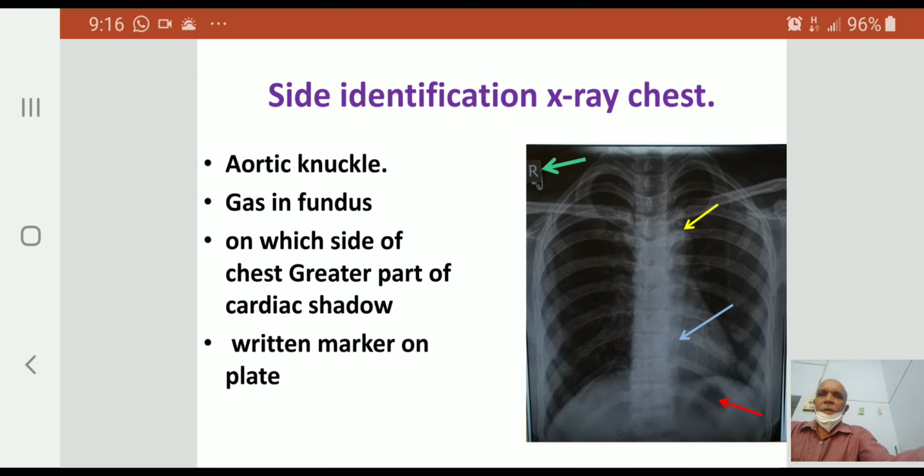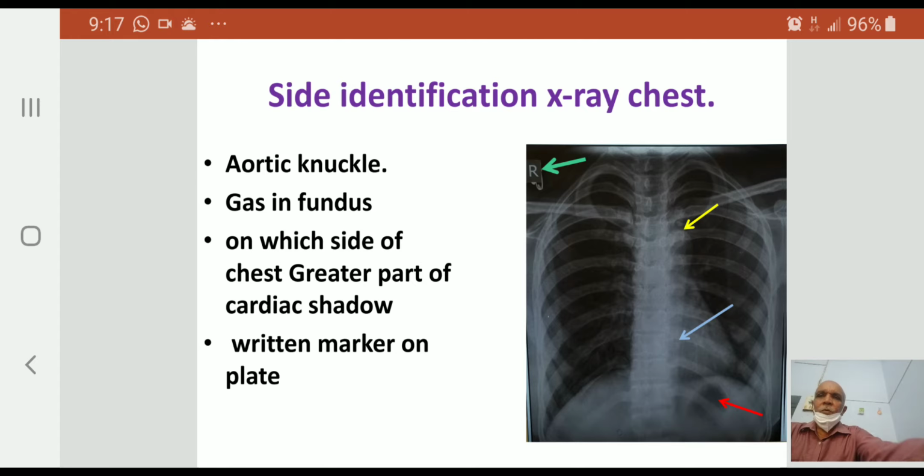When we see the chest X-ray, we should confirm the side of the chest X-ray. Sometimes a mistake is made by the technician, and if we ignore this mark and make the conclusion, it may be wrong.